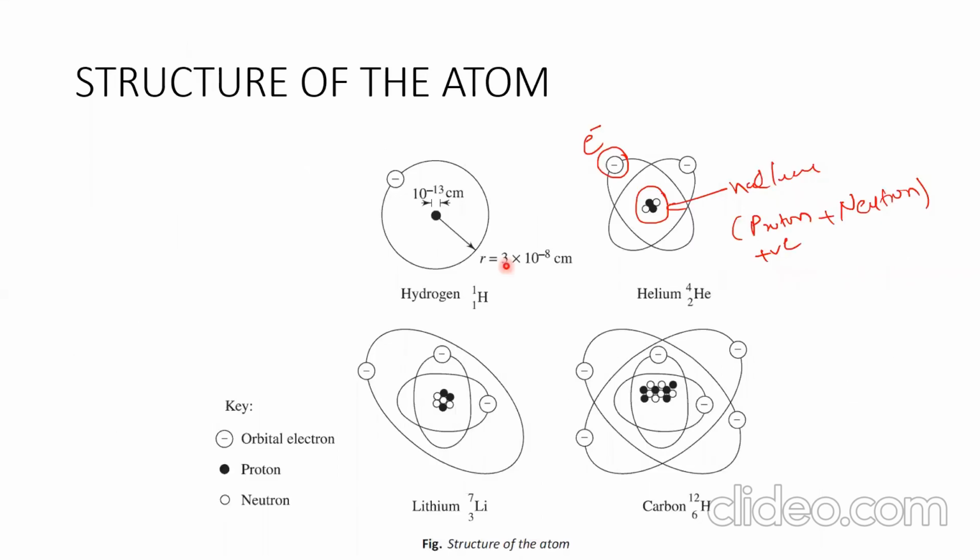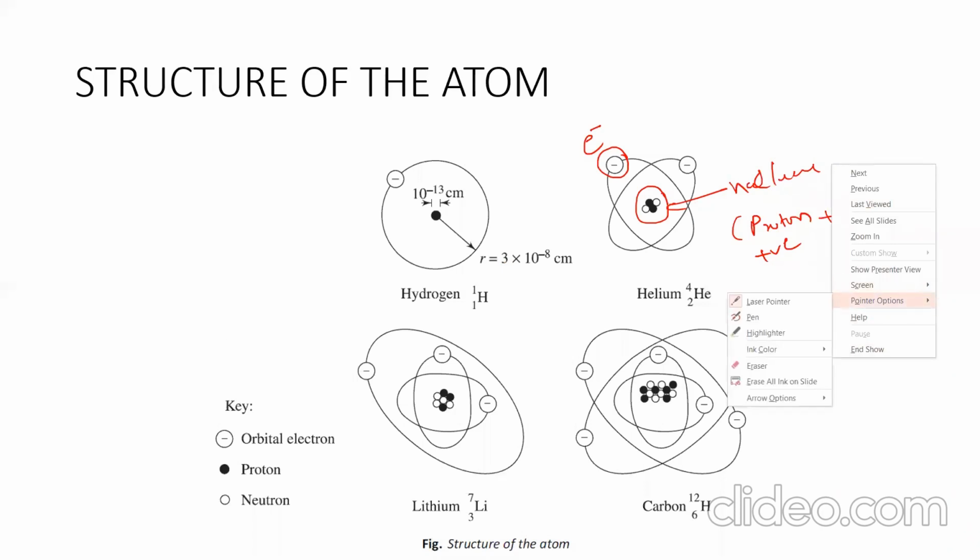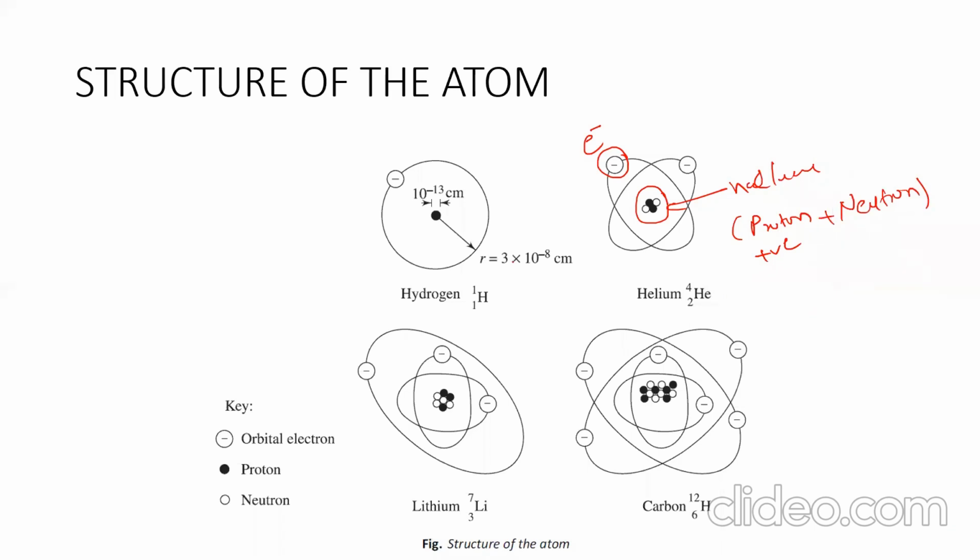Here the atomic structures of some elements are given. This is the atomic structure of hydrogen. Hydrogen has only one electron, and its nucleus has only a proton.